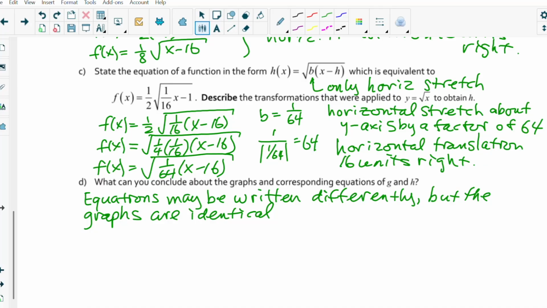They produce the same graph, even though you're doing different transformations. Despite that, the graphs are identical. Okay.